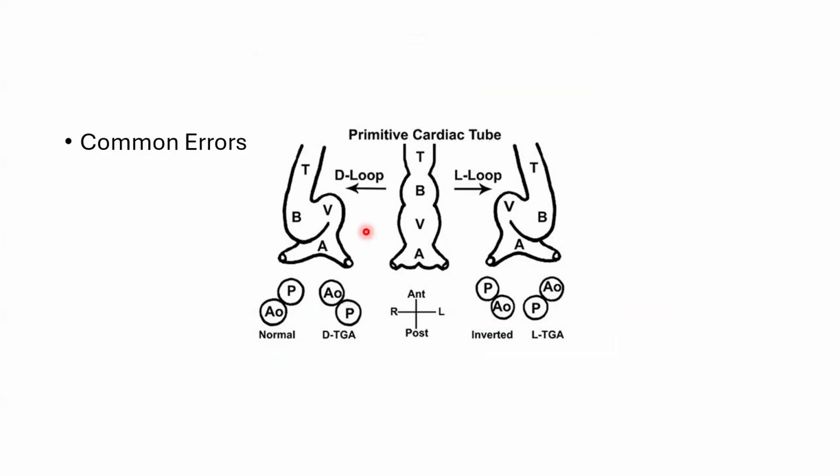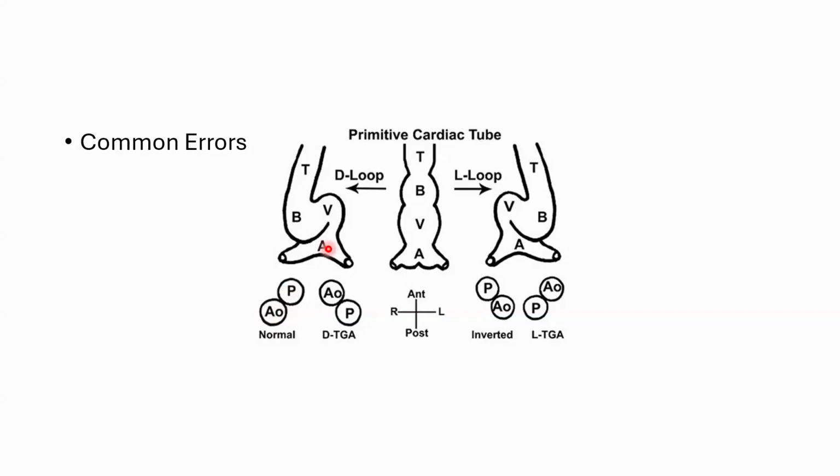The normal one is when you have a D loop. You can see here the normal pattern, the D loop, where the bulbus cordis moves rightward and the ventricles move a bit more superior. That leads us to the normal anatomy where the aorta is posterior to the pulmonary artery and a bit to the right of it.